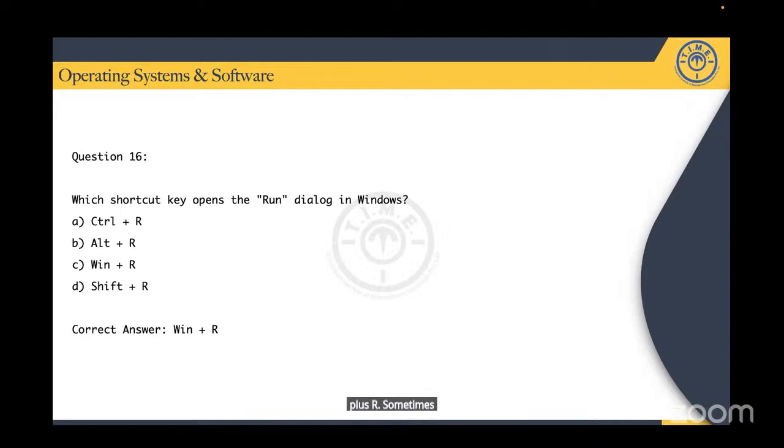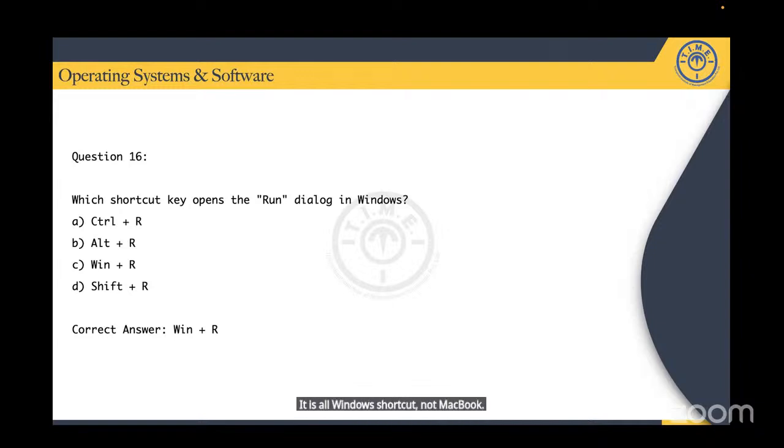Sometimes they will mention Windows key plus R, but the shortcut of Windows key is Win, right? So Win plus R. Anytime you see a run dialog, please lock your answer Win plus R. The other options: Control plus R refreshes in browser or Excel, right? It is all Windows shortcuts, not MacBook.